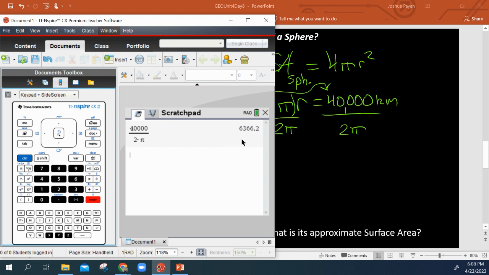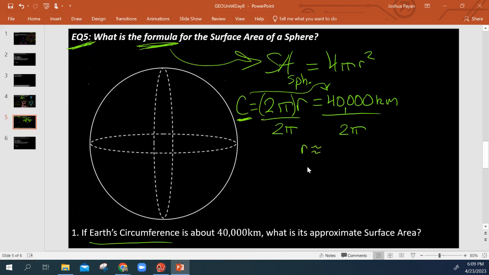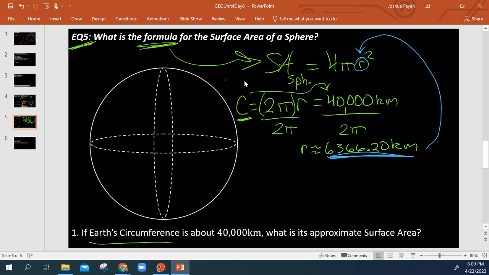So our radius is approximately, and I don't like that estimate. Really? You're just not going to give me the entire number? These calculators are so advanced and stupid at the same time. Well, I guess it did give me a good enough estimate. So the radius is about 6,366.20 kilometers. Now all we've got to do is plug this in right here.